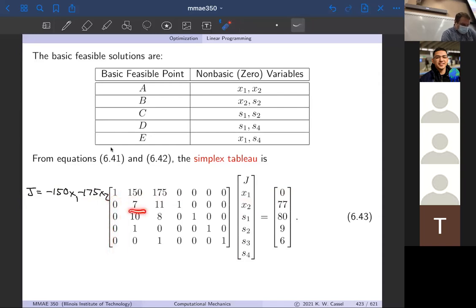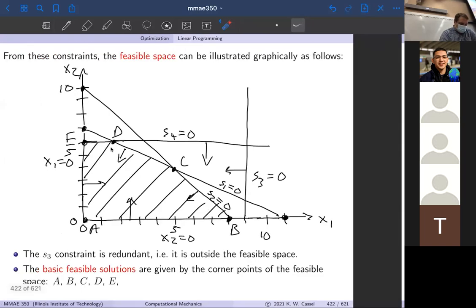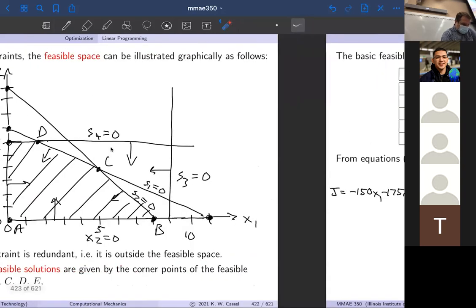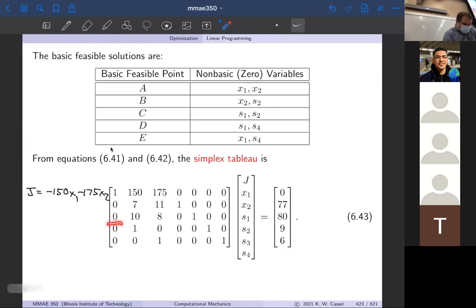Then I have 7 times X1 plus 11 times X2 plus 1 times S1 is equal to 77. That should sound familiar. That's this equation right here. Then the next one, 10x1 plus 8x2 plus S2 is equal to 80. You have 0 times J plus 10x1 plus 8x2 plus 0 times S1 plus 1 times S2 plus 0 times S3 plus 0 times S4 is equal to 80.